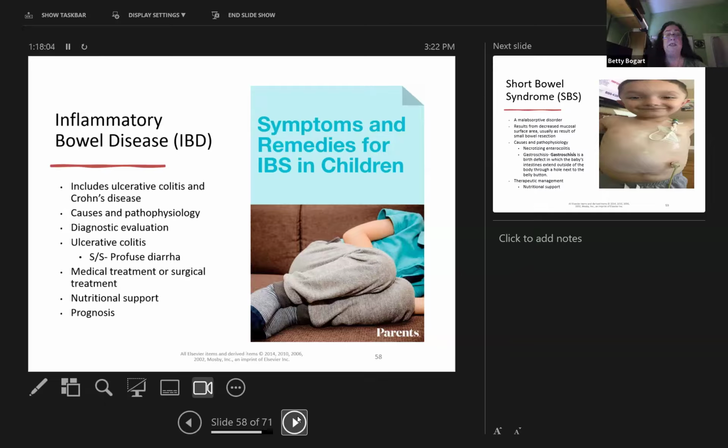Some of these Crohn's disease patients are placed on biologics so that the inflammation can be decreased. Sometimes a piece of that intestines is so inflamed they have to remove it. So that can happen. But our big thing is nutritional support on these children, preventing them having these symptoms.